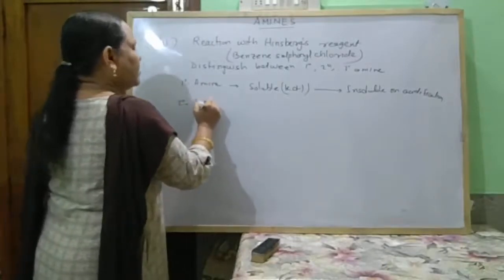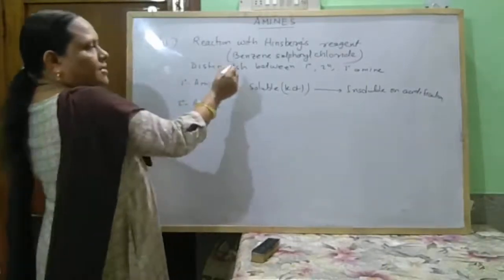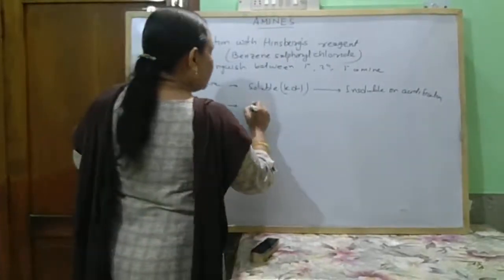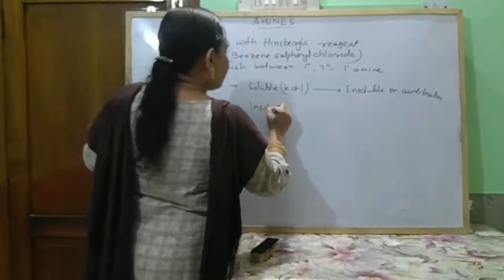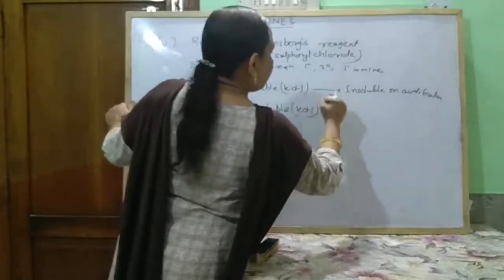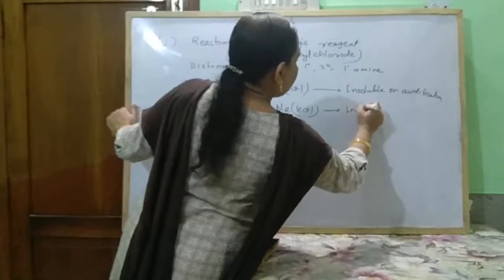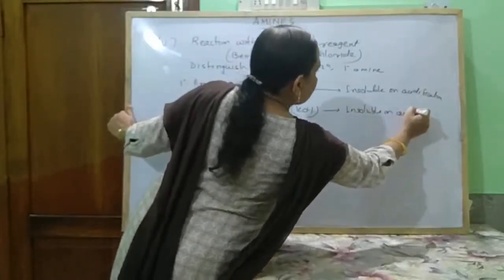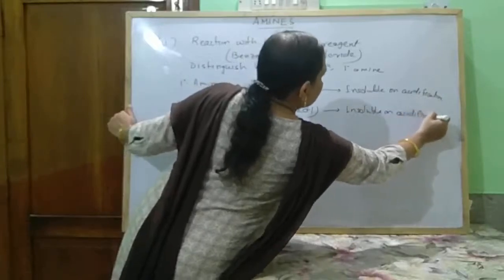Secondary amine. When treated with benzene sulfonyl chloride and aqueous KOH, it is insoluble. Insoluble in alkali medium as well as insoluble in acid medium, insoluble on acidification.